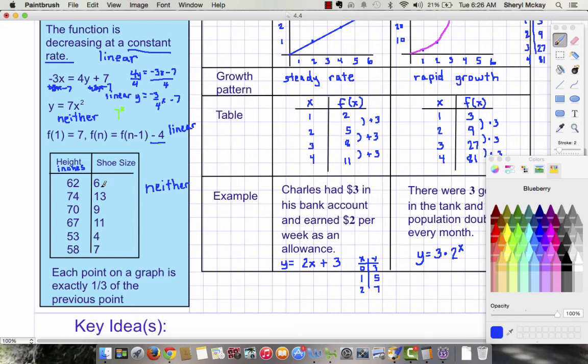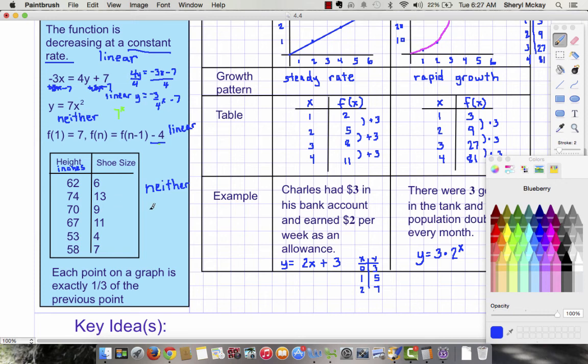Someone who's 62 inches, it definitely increases, but look at how it increases from 67 to 74. It's 13. You could have graphed it, and you would have seen a steady increase. Typically, someone's height in inches does predict closely their shoe size, but there's not an exact representation.